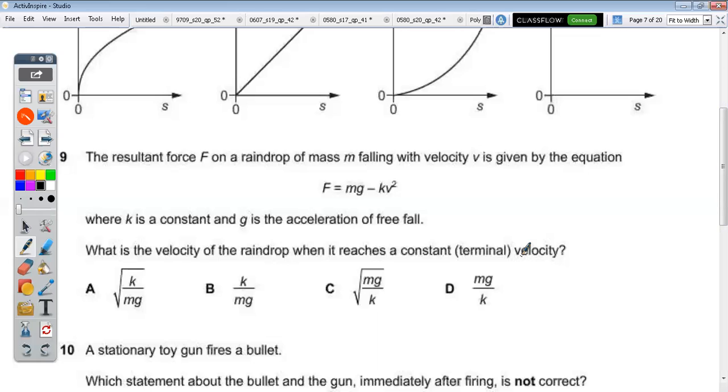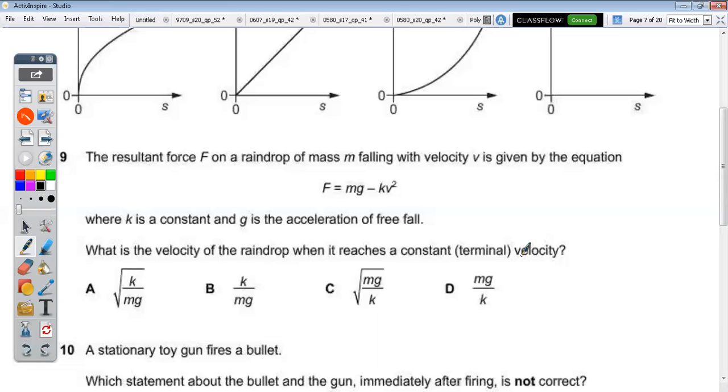Okay, so it will be mg divided by k, square root of that. That's correct, what you're saying.